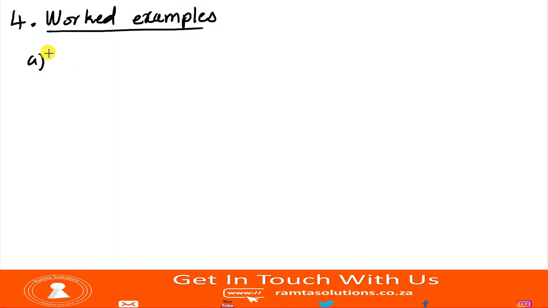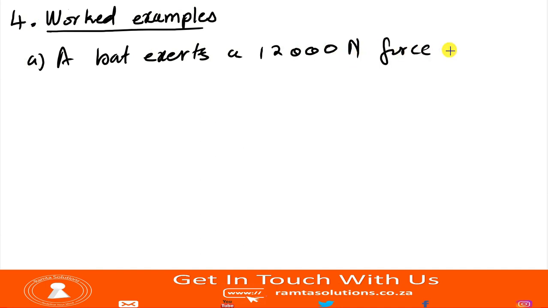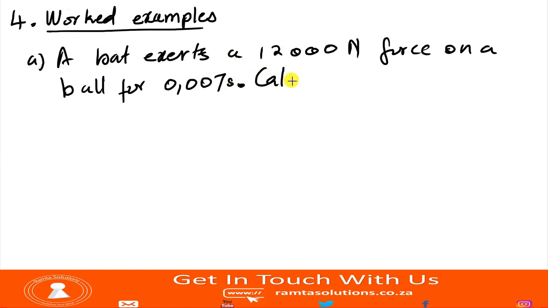So example A, let's say a bat exerts a 12,000 Newton force on a ball for 0,007 seconds. Now calculate the impulse. Do you hear this? Calculate the impulse of the ball.